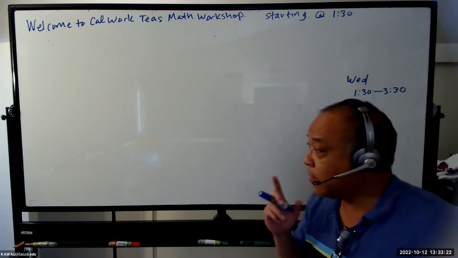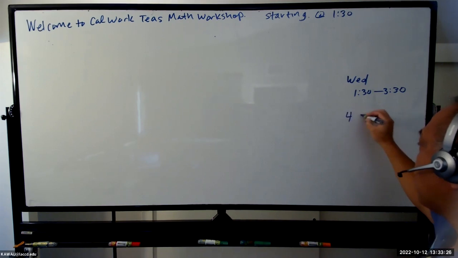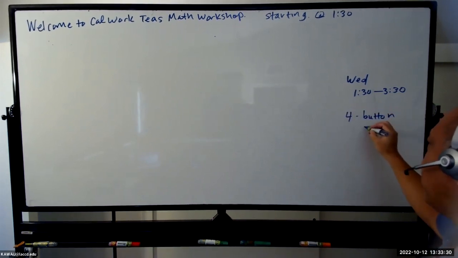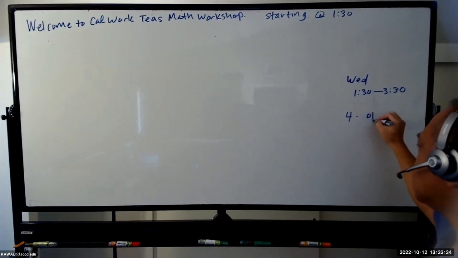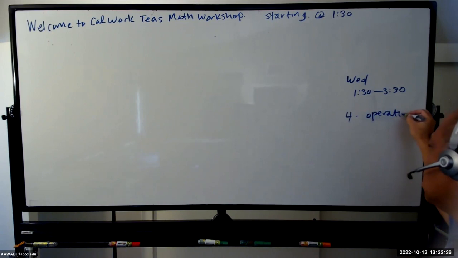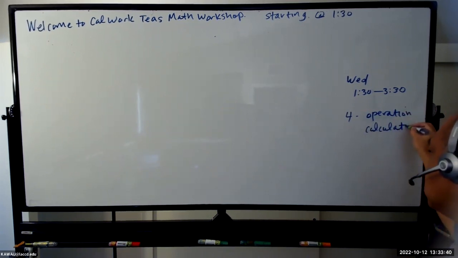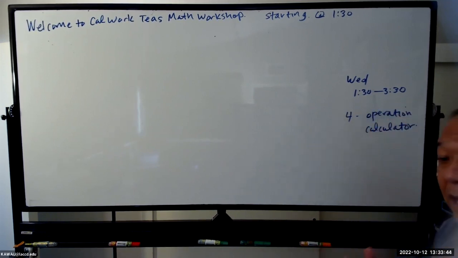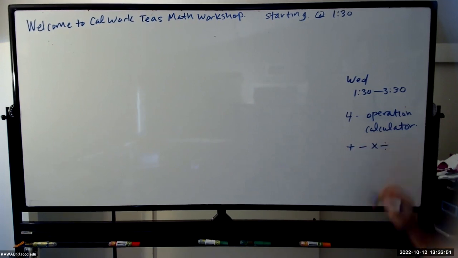When you take the TEAS exam, they're going to give you a 4-operation calculator. You don't bring your calculator, they will give you their calculator. Their calculator is limited to plus, minus, times, and divide.